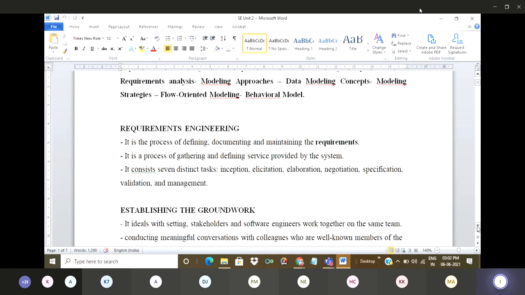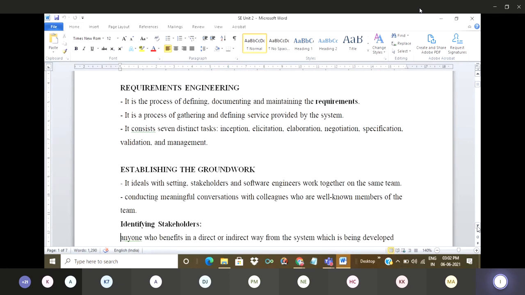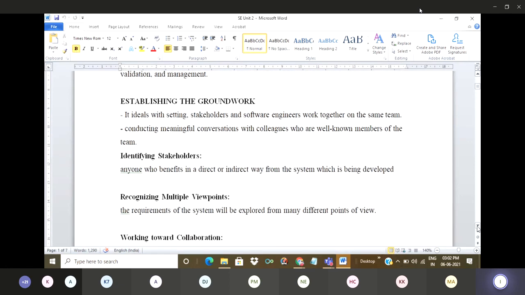Then the next title is establishing the groundwork. It deals with setting up stakeholders and software engineers to work together on the same team. So we have to conduct meaningful conversation with colleagues who are well-known members of the team. We cannot contact others who are not well-known.